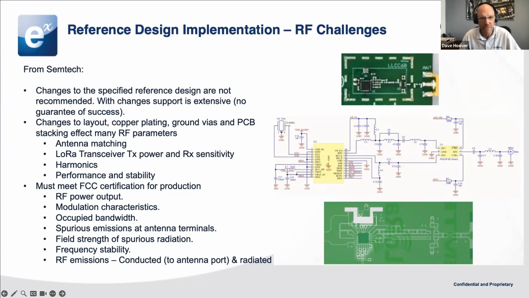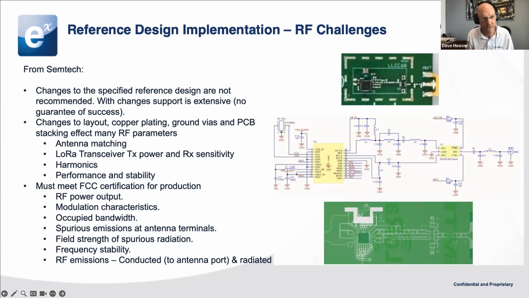So the challenge here is that if you take the reference design as is and you put it onto your board, it would work as it was designed, of course, but because these components were not size optimized in terms of the footprint, in terms of the layout on the PCB, customers would take the schematics and then they would optimize their layout on their board, and the RF would be affected.